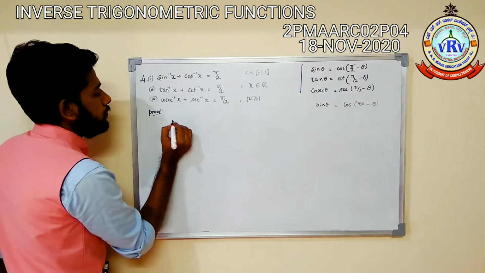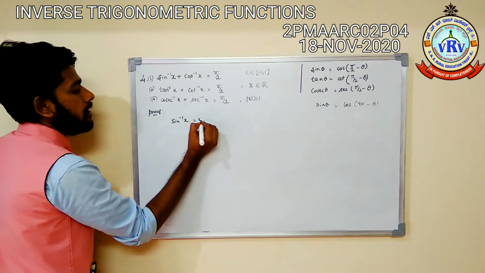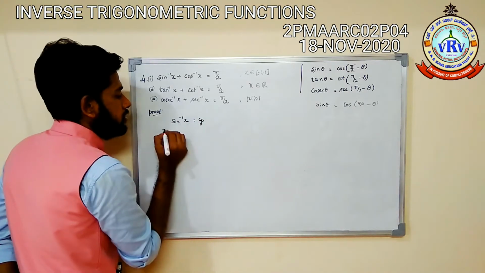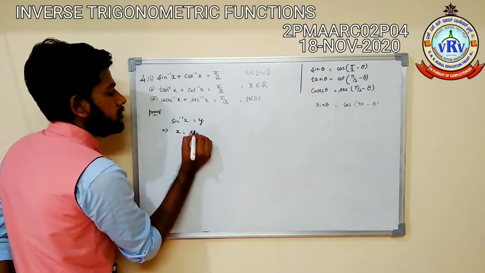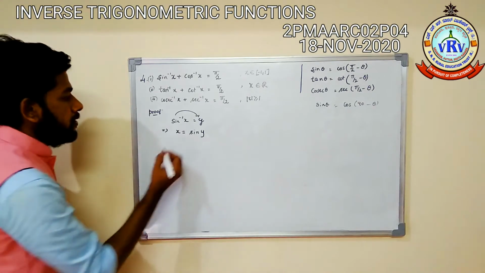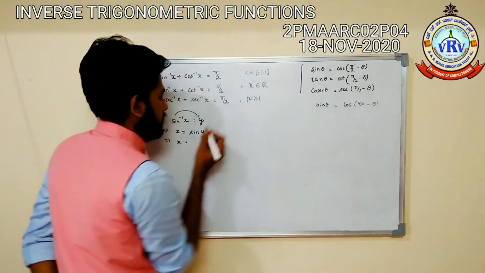Proof. First, take sine inverse of x as y, which gives us x is equal to sine y, shifting the inverse function to the other side. And I can replace the sine function in terms of the cos function.